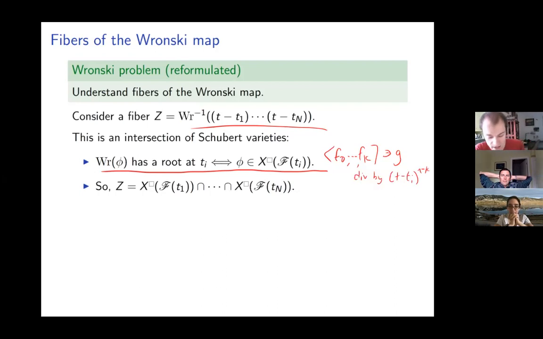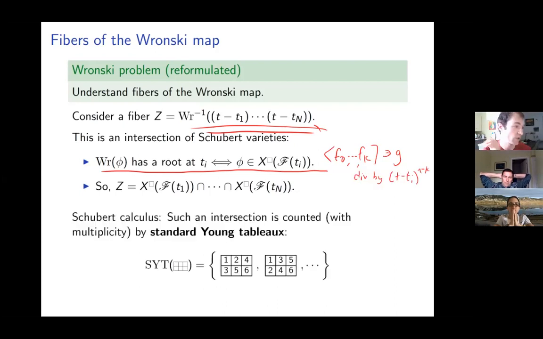Here we're looking at a fiber where we've fixed all of the roots. So a point in this fiber is in the intersection of the corresponding Schubert varieties, because we've said what all of the roots are. In enumerative geometry and Schubert calculus, intersecting Schubert varieties is exactly the thing we have a bunch of tools to do.